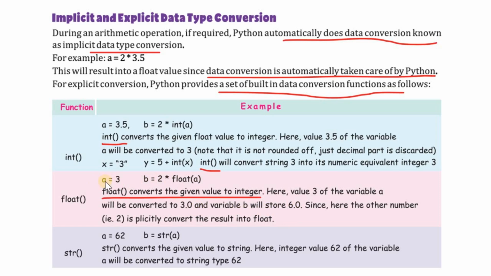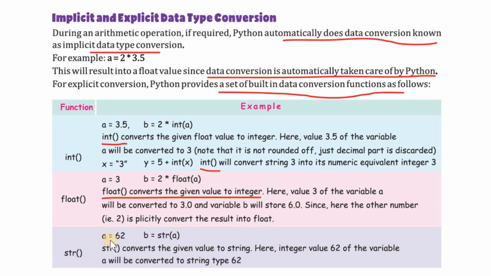See for example here a is 3 and if I write b is equal to 2 into float(a). So first a, which is 3, will be converted to decimal. So it will be 3.0 and inside b will be stored 2 into 3.0, which is 6.0. Okay.